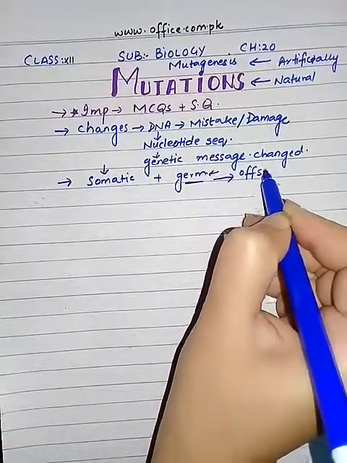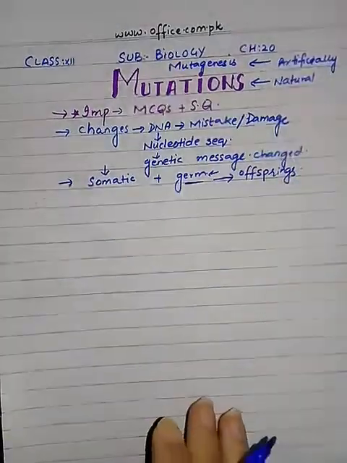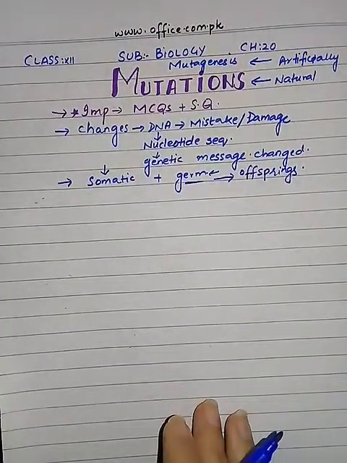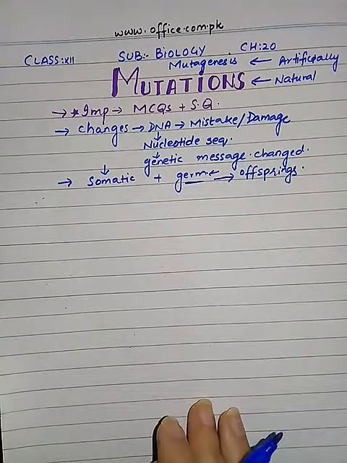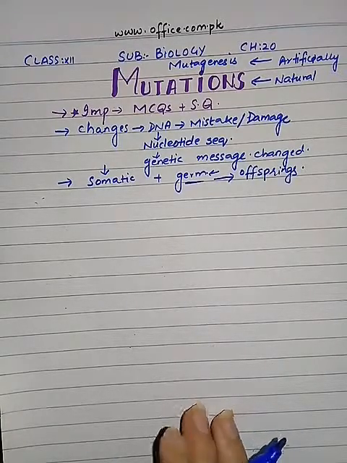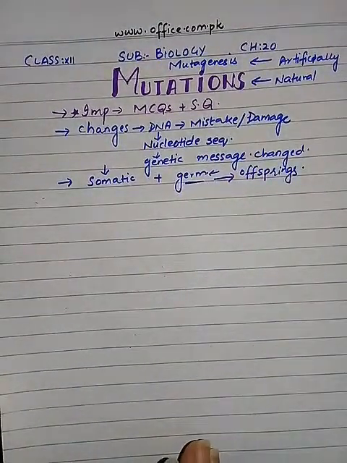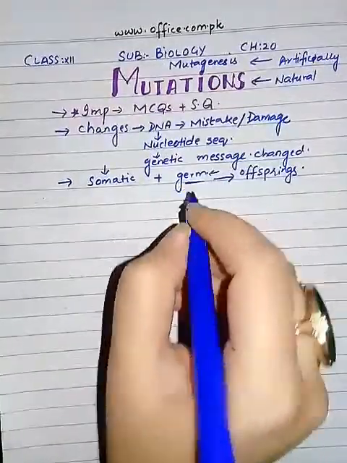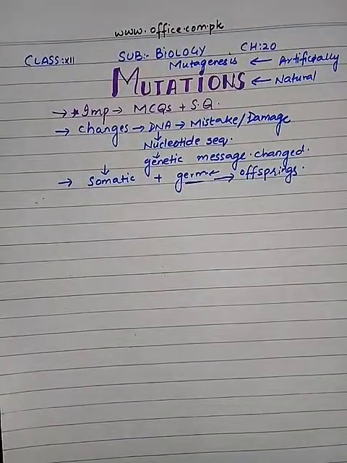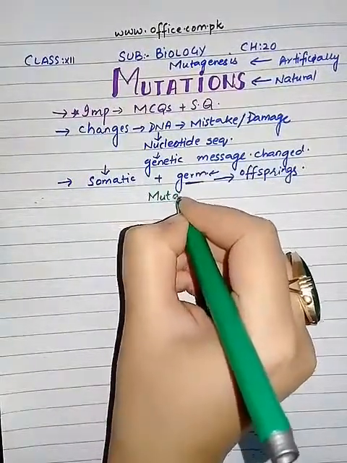However, if a germ cell has any kind of mutation, it will be transferred to the offspring and the whole generation will suffer. It will be passed to subsequent generations, and it will provide the raw material on which natural selection acts. Now, a mutation can be beneficial, or it can be harmful. Now we will classify the mutations.